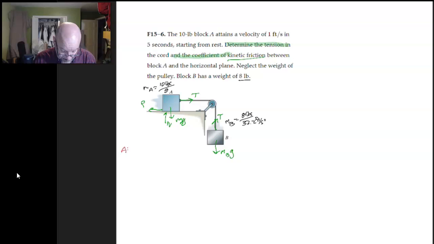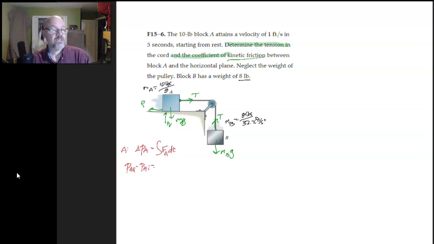So with A, we're going to be looking at delta P for A. It's going to be my integral of F dt. And I'm just going to put some A on here, meaning that that's the sum of all the forces acting on A. So we're going to have PA final minus PA initial, and all the forces here are constant.